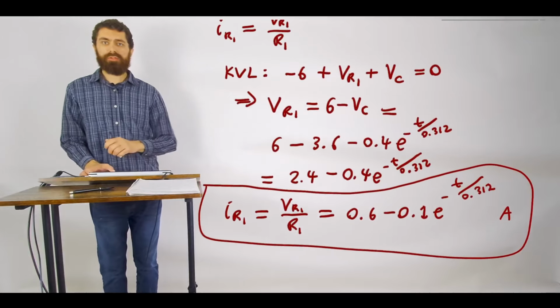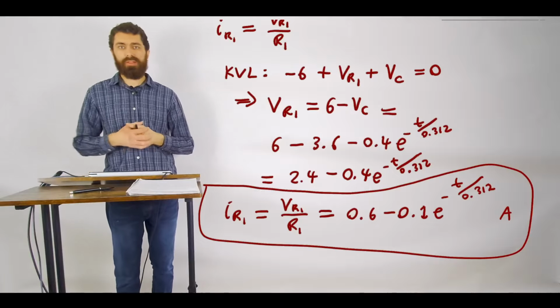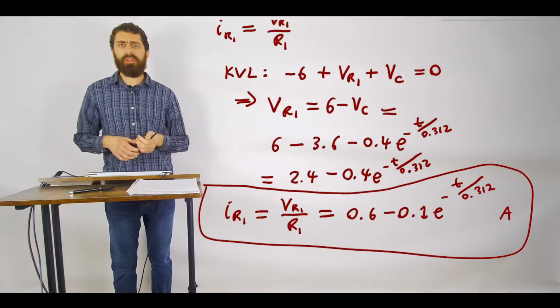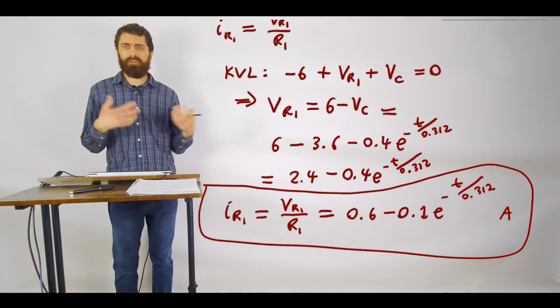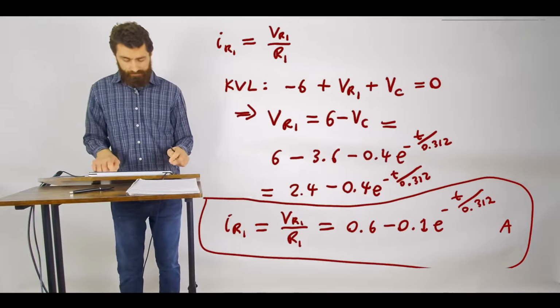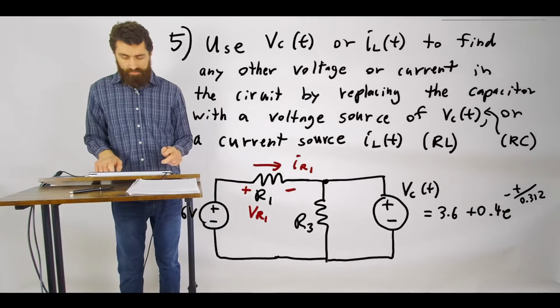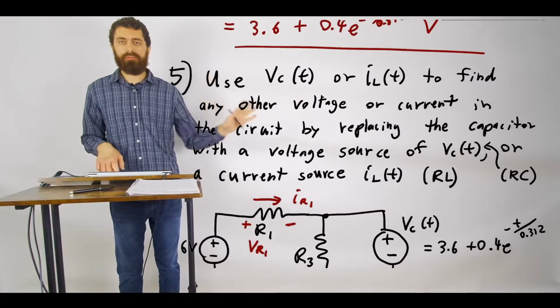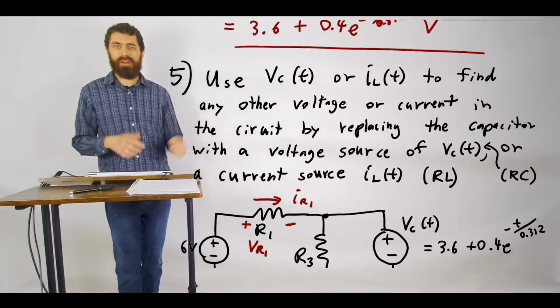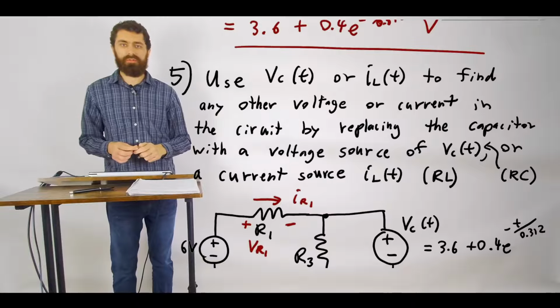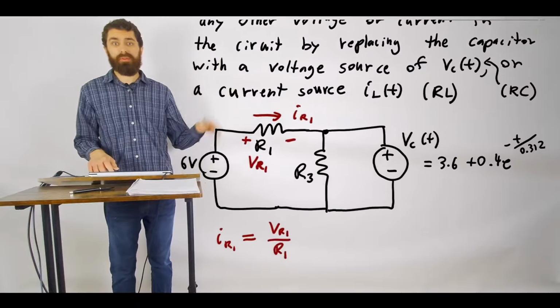That pretty much wraps up the generalized method that you can use for any kind of first order RC or RL circuit. If you follow these steps in a very systematic way, it's really hard to mess up.